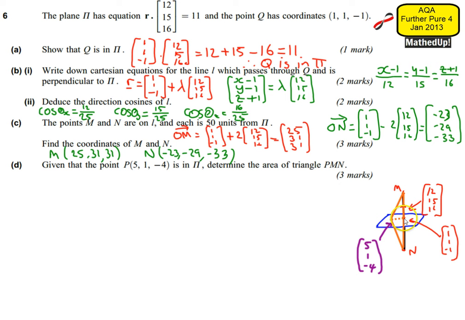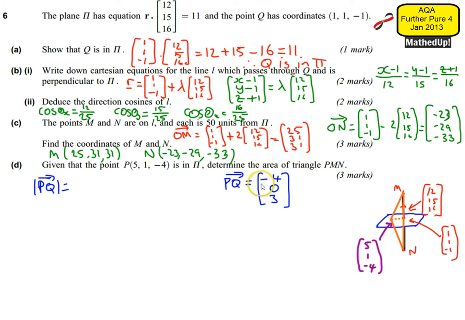So that's the point Q, and at the point P, and we're trying to find the magnitude of, we'll call it PQ. Okay, so we're trying to find the magnitude of the line PQ. Okay, so well, PQ is going to be equal to Q take away P, so that's going to be negative 4, 0, and negative 1 take away negative 4, which is going to be 3.